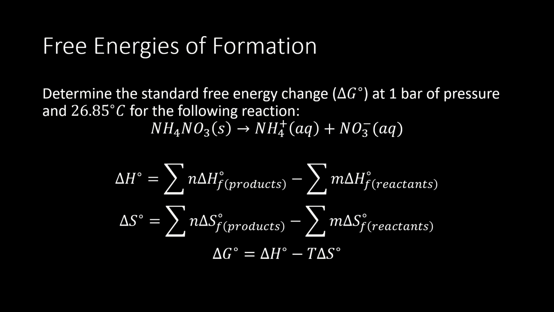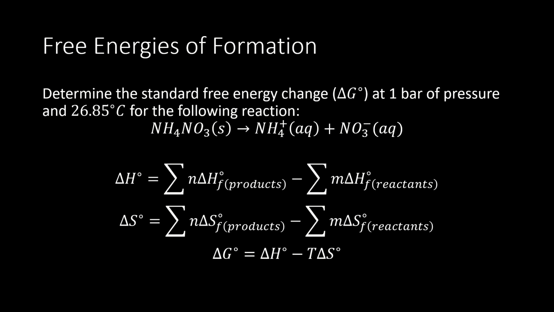What matters is we're calculating the standard free energy change, which in this case is delta G naught. Well, let's do that for the following reaction: ammonium nitrate as a solid, decomposing into its ions of ammonium ion and nitrate ion.